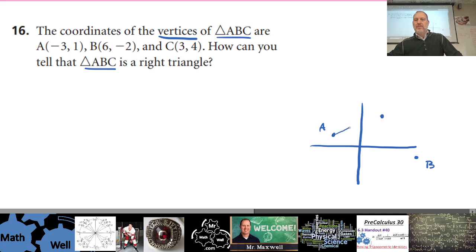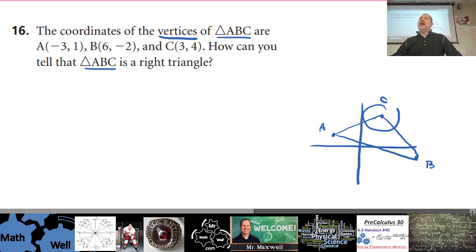Now, again, this is a very rough sketch. If you had graph paper and a ruler, you would maybe be able to see if this is a right triangle or not. But it looks like what we're trying to test is probably this angle right here. Is this angle, this is C, a right angle?